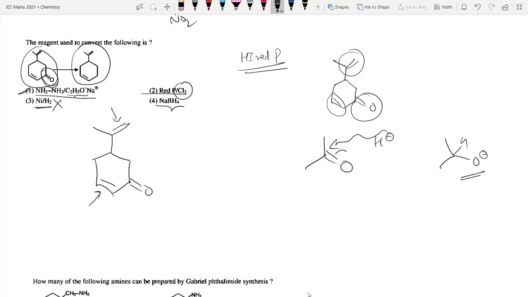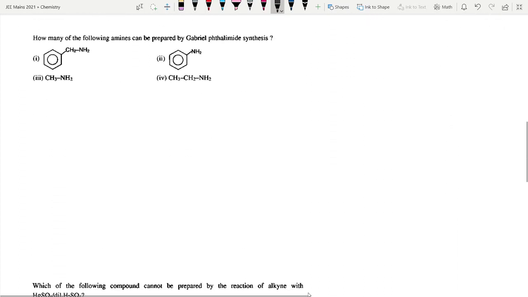This hydride can attack here, this can move here, and then later this can take an H from the solvent and get reduced to an alcohol, but not to an alkane. I don't exactly remember whether NaBH4 could reduce the double bond or not, but anyway, we have the answer right here. So Wolff-Kishner is the right answer. Let's move on to the next one.